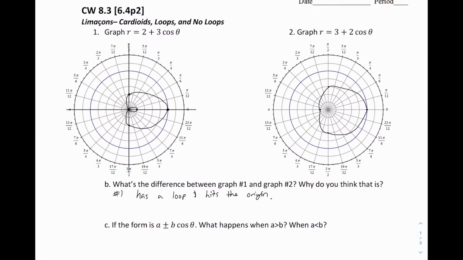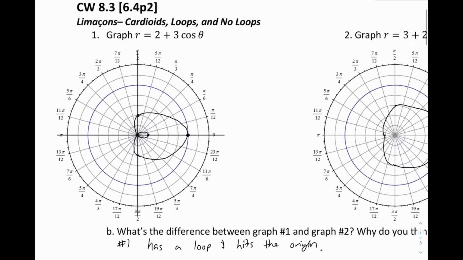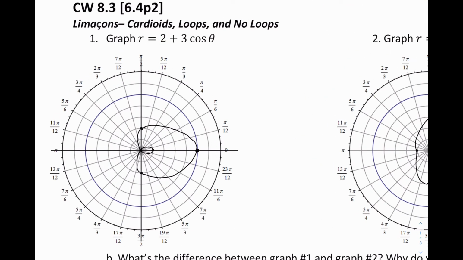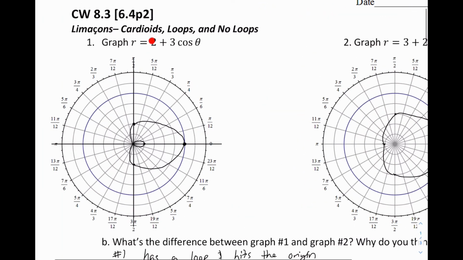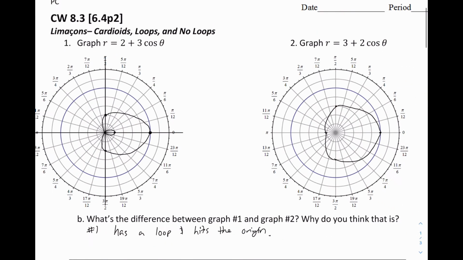If you think about it, this loop is happening because of these numbers. This number right here is smaller than this number, versus this number here is larger than this number. So when this number is smaller, like 2 versus 3, there is a loop happening. But here, we can see it's not happening.